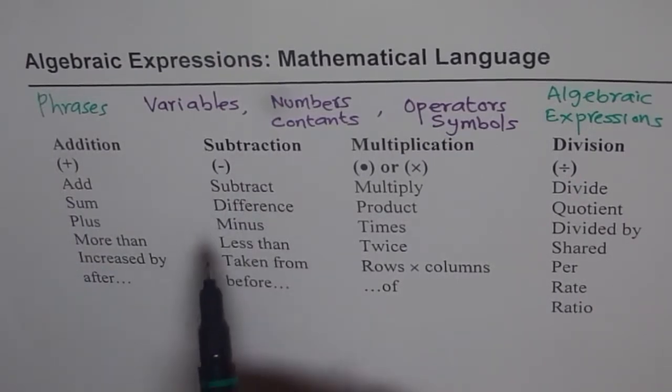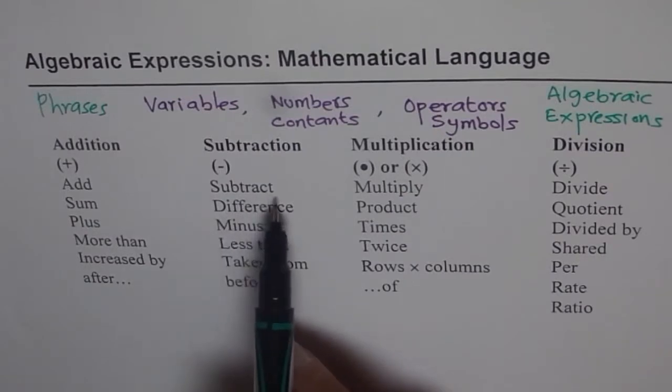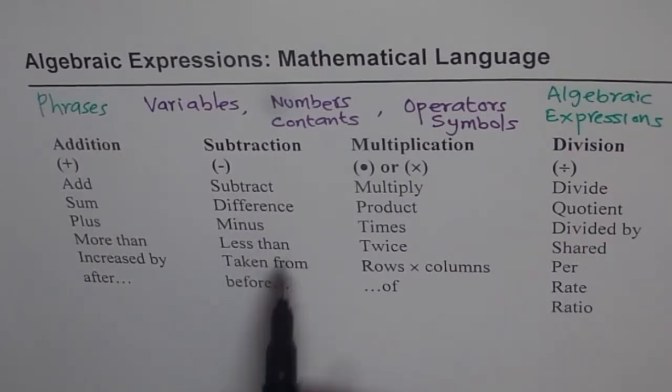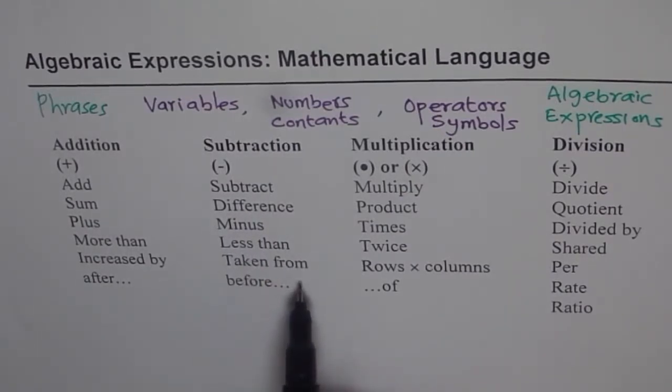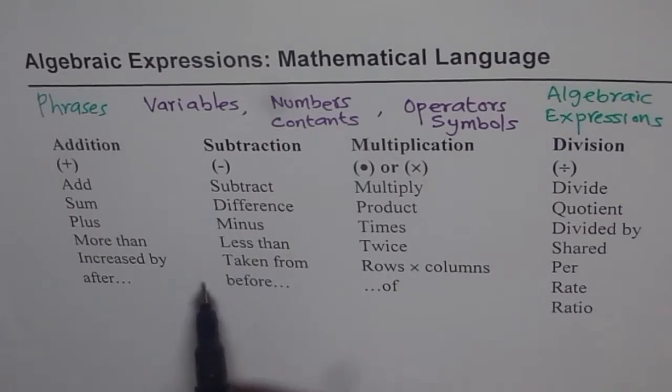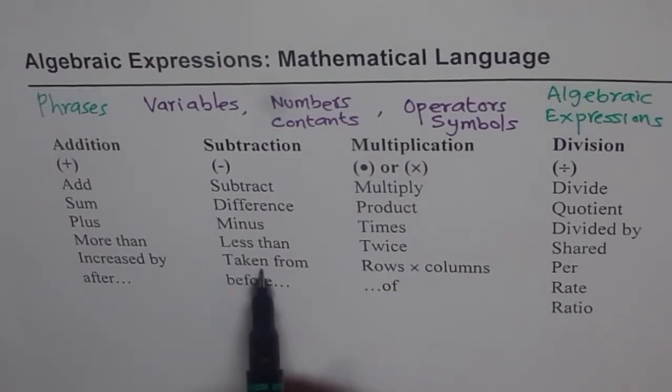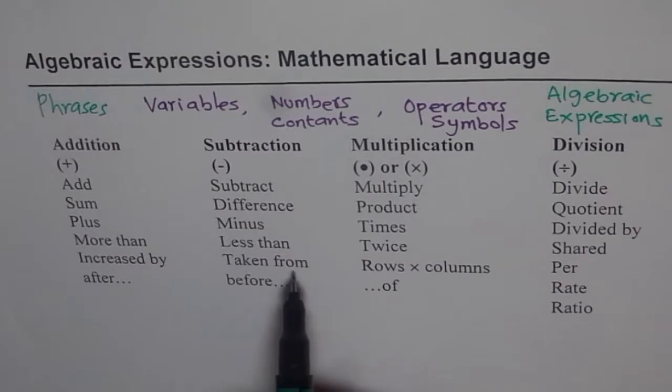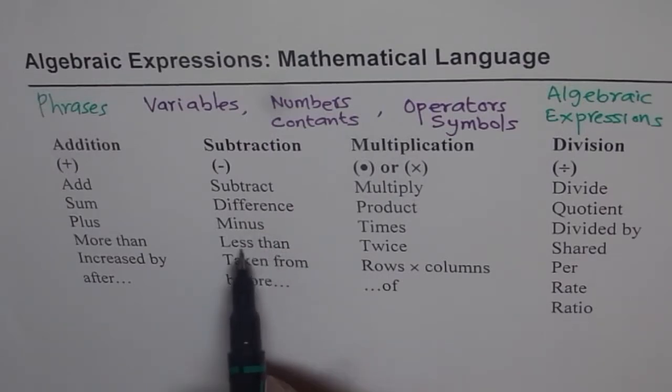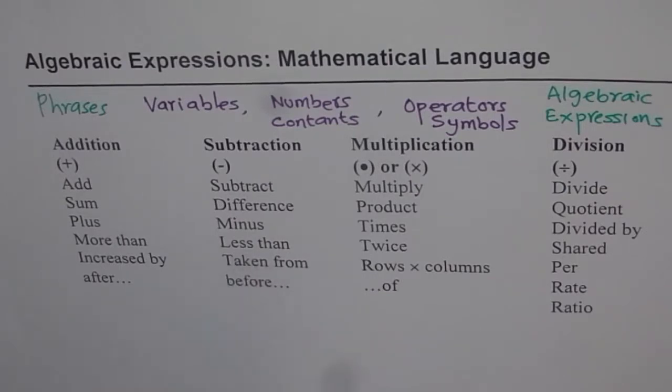For subtraction, the keywords were subtract, difference, minus, less than, taken from, before. For earlier dates you subtract, correct? If you take away anything, you decrease the number, so you use subtraction. Less than, right? A number 5 less than, you use the minus sign.